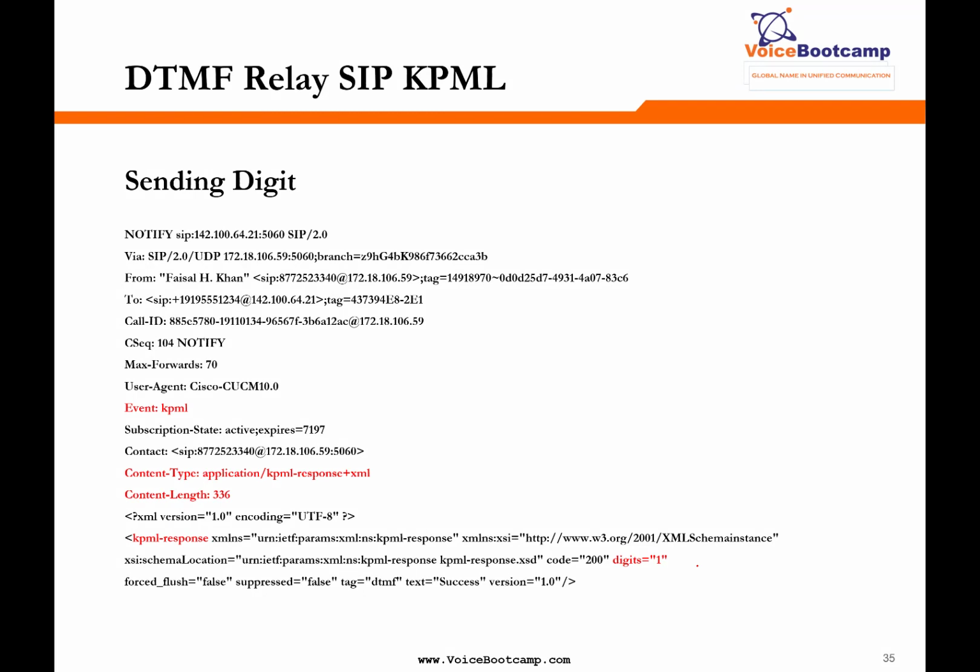Now let's say you want to send a digit. You press 1. You want that 1 to go along with the call. Well, if the event is KPML, meaning you're using KPML SIP DTMF relay, the content type is KPML response now. So it's no longer request. See that? It's your response to that.